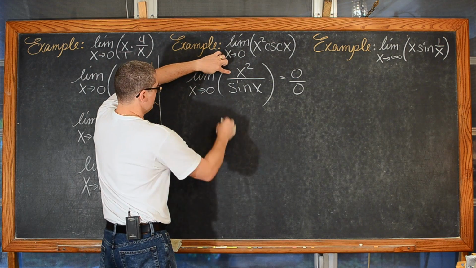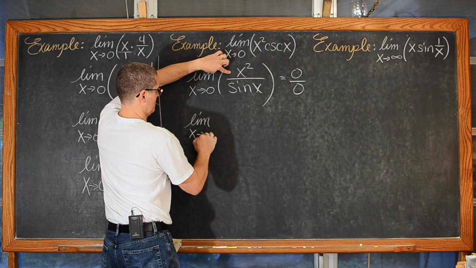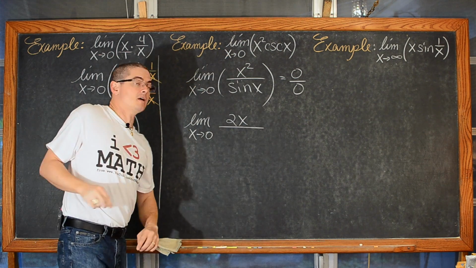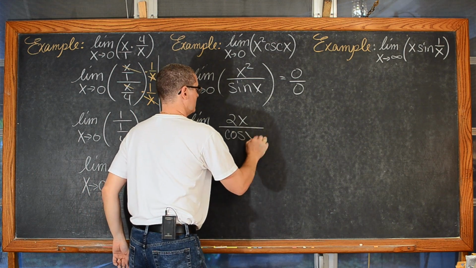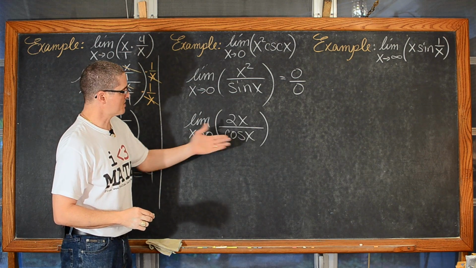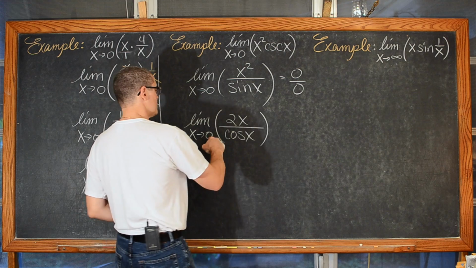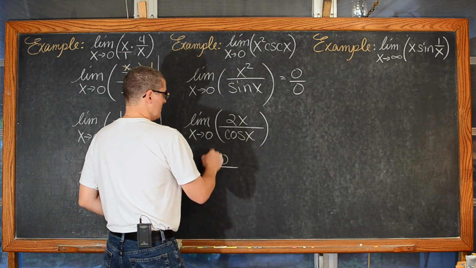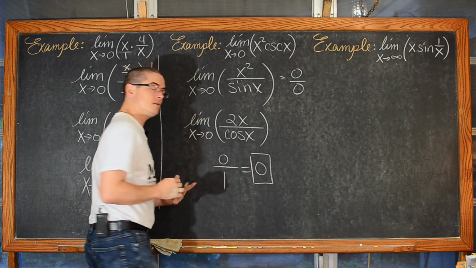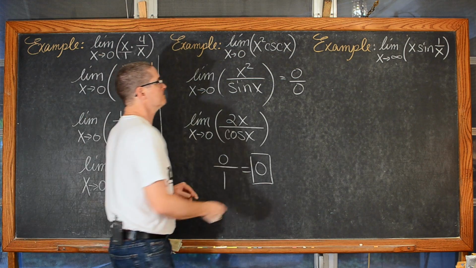Finding the derivative of the numerator with respect to x, that's going to be 2x, and the derivative of sine is cosine. So the limit as x approaches 0 of 2x over cosine of x. As we let x approach 0, we get 2 times 0, which is 0, over the cosine of 0, which is equal to 1. And that is equal to 0, the answer that I said this limit equaled in the previous screen.